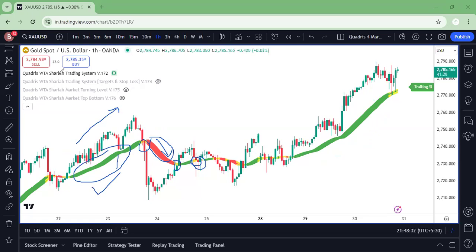In this example, we will take XAUSD, gold spot versus US dollar, on the OANDA exchange.